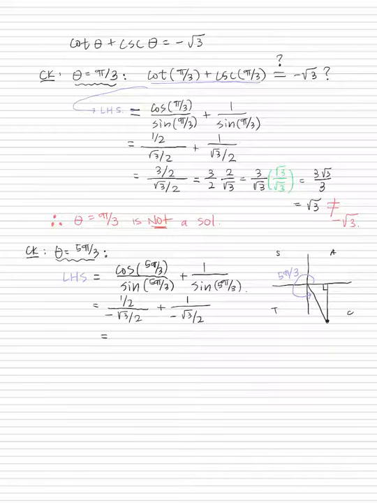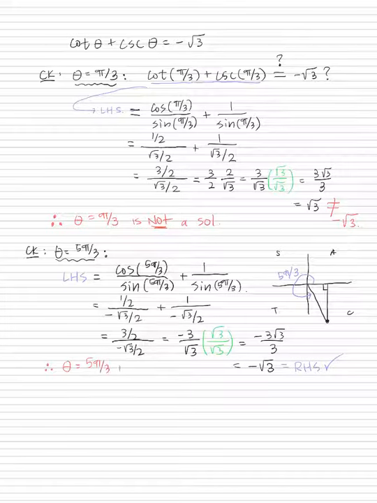So in this case, I think it's going to work out. I will not skip any steps. So here we go. Rationalize. Yes, so which is precisely the right-hand side. So therefore, theta equals 5 pi over 3 is a solution.